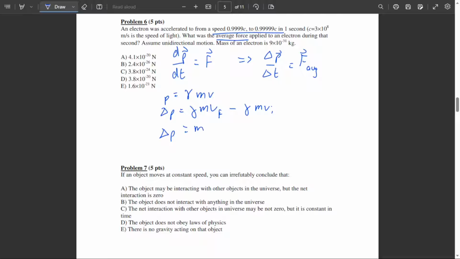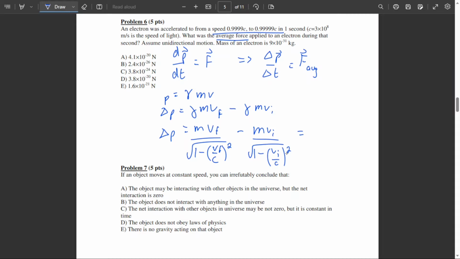So then, our change in momentum is equal to the mass times the final velocity over the square root of 1 minus v over c squared, minus m v i over the square root of 1 minus v initial over c squared.